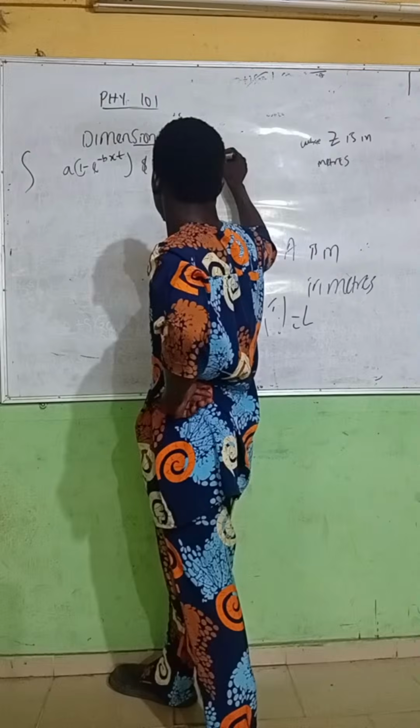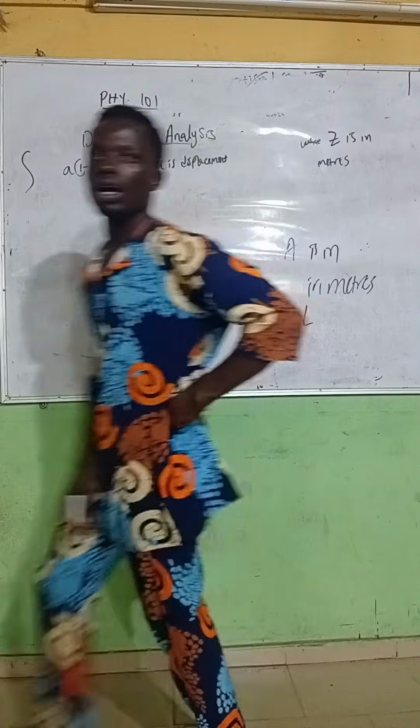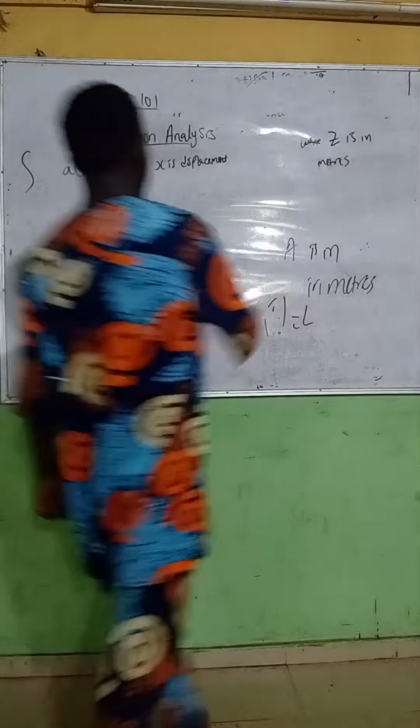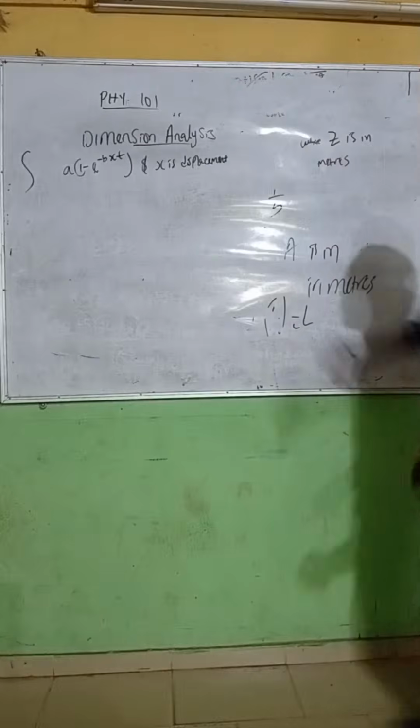Find the dimension of the reciprocal of b, that is 1 over b.